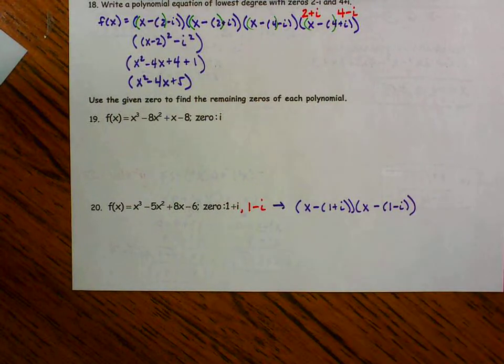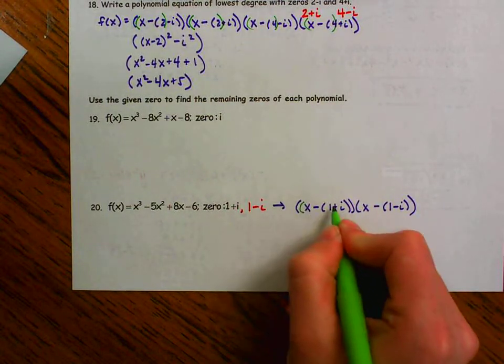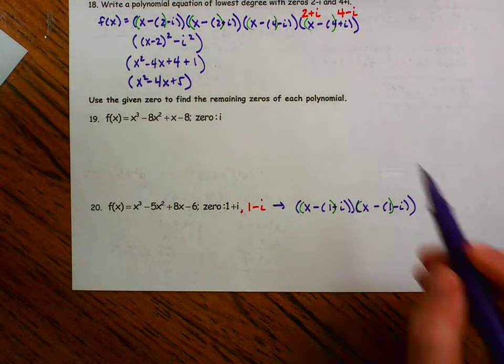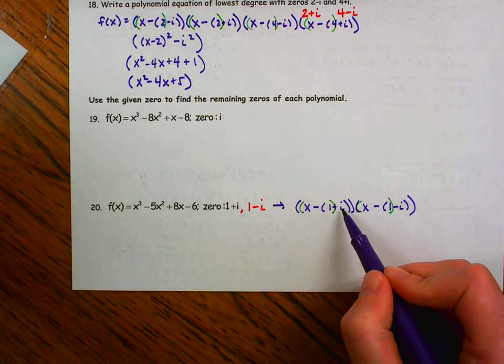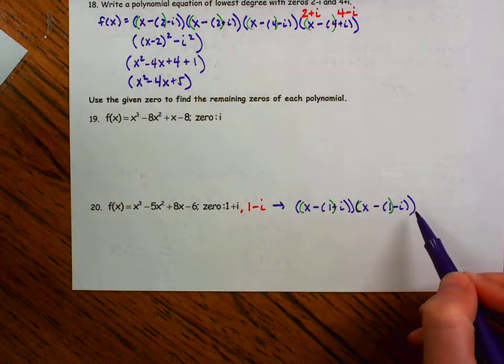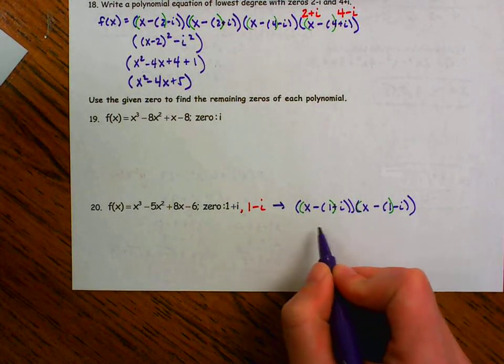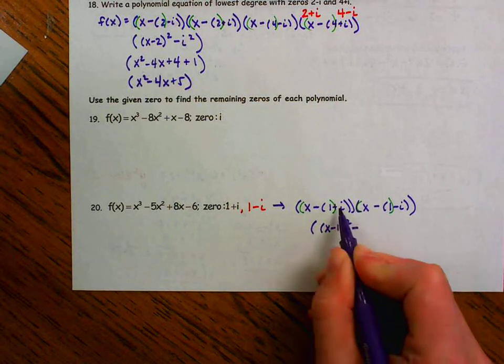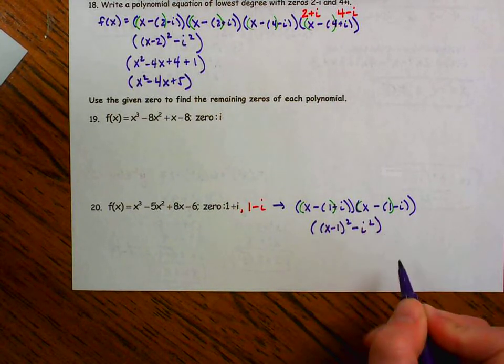Well, we just saw a minute ago that I can regroup this. So I have x minus 1 in both of these places. So I have something plus something, and then that same something minus that same something. Well, I can write that out really as x minus 1 squared minus i squared. It's a difference of squares.